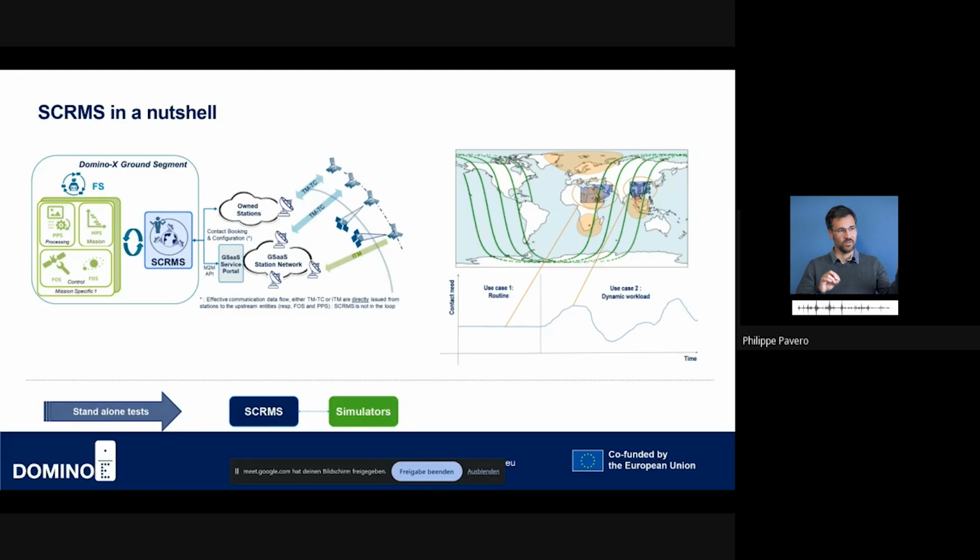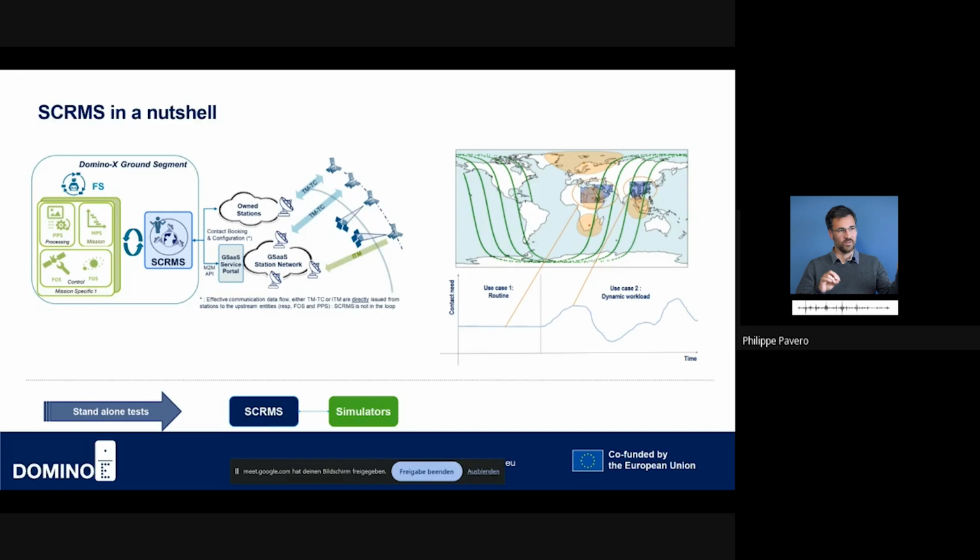These external partners will have their own specificities, such as cost and how we can interact with them, how we can book contacts, and that is what will be handled by the SCRMS.